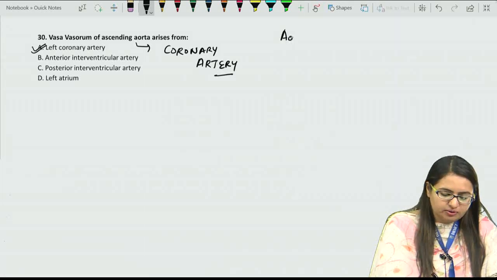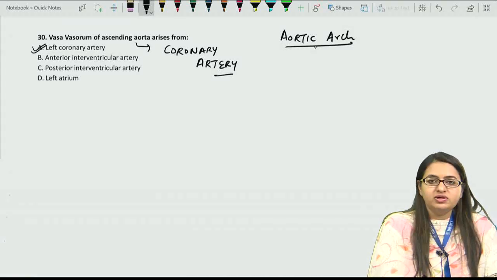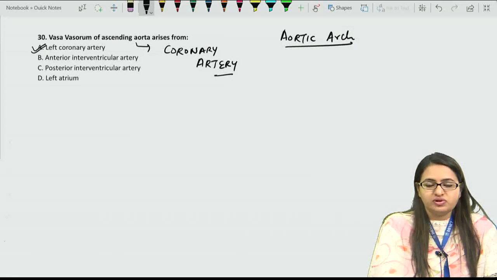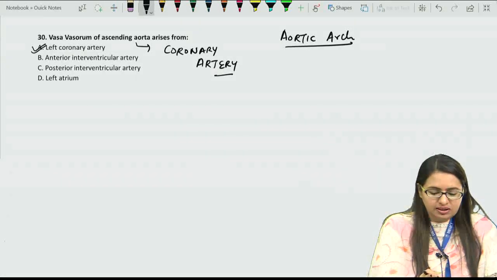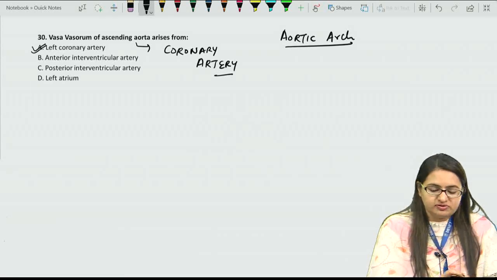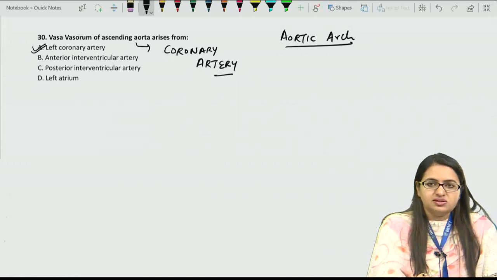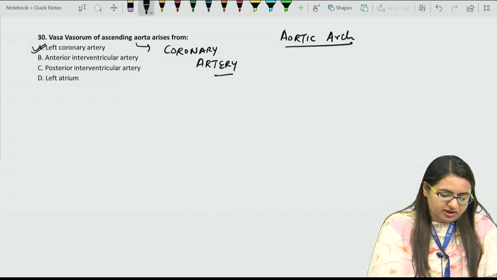And when we talk about the aortic arch, the Vasa vasorum is derived from the large vessels arising from the aortic arch, that is from its branches: the brachiocephalic trunk or brachiocephalic artery, the left common carotid and left subclavian, as well as the branches of the brachiocephalic.